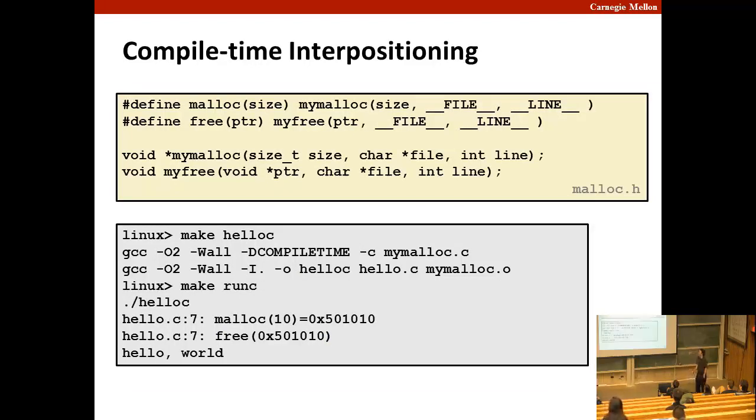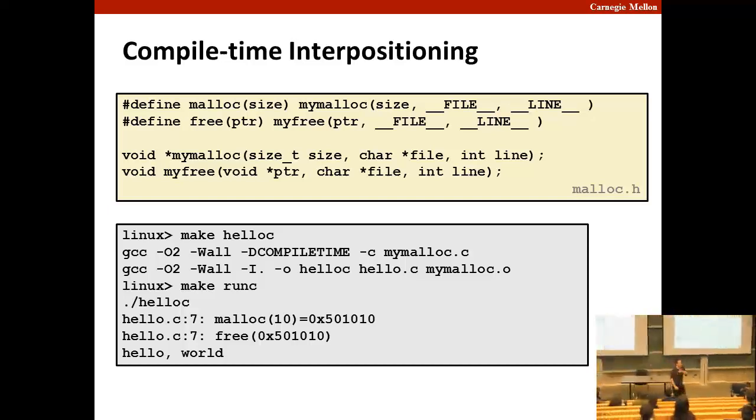Now, notice over here, I have a pound define replacing malloc with my malloc, and replacing free with my free. So here's the idea. If I have main.c and some library.c, and now I have my memory tracing library. My tracing library has my malloc and my free, and uses malloc and free. The rest of them have no reason at all to call the real malloc and the real free.